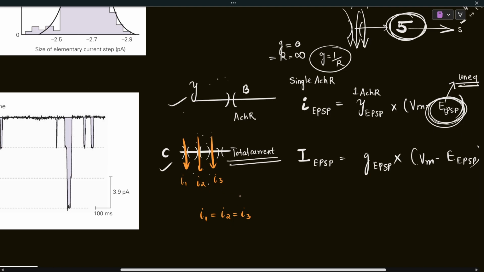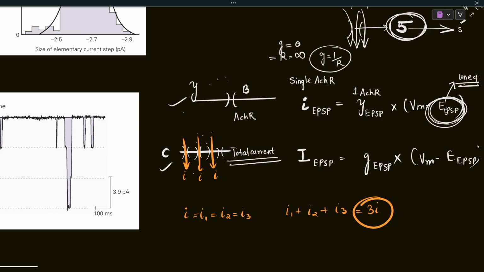But what researchers saw after this was that all those ion currents, I1, I2 and I3, which are equal, can be summed up. Let's say I1, I2, I3 are all I. So the current being generated through three channels is 3I.